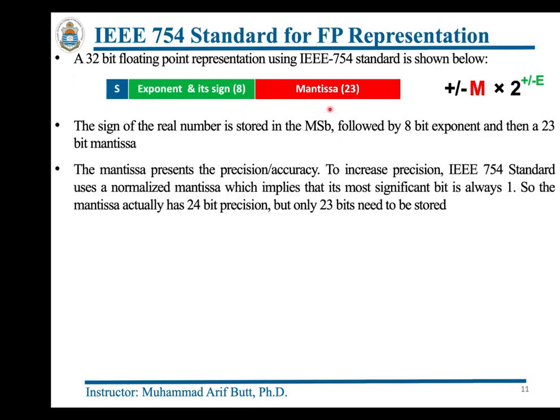The mantissa represents the precision or accuracy. To increase the precision, the IEEE 754 standard uses a normalized mantissa, which implies that its most significant bit is always 1. So the mantissa has actually 24-bit precision, but only 23 bits need to be stored. We will soon see this when we do some examples.